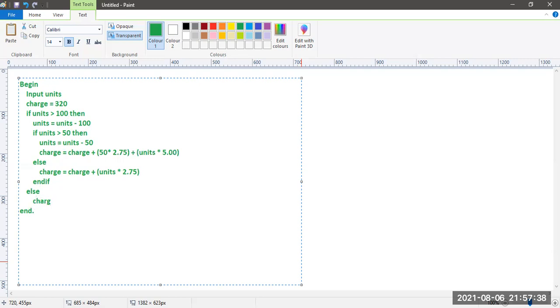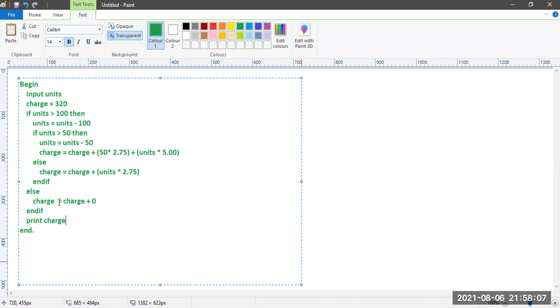Charge equals charge plus 0. So this is going to be your program.